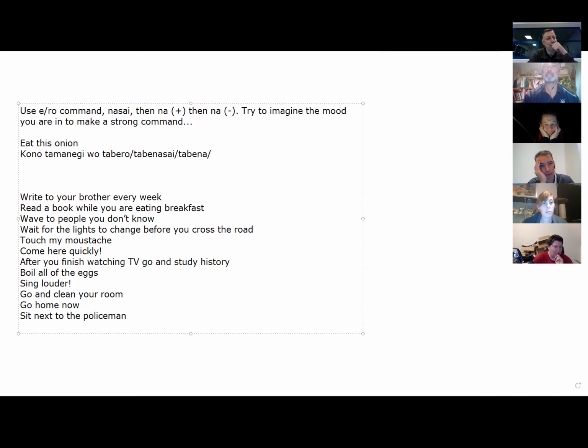Am I still missing one? I just got to do the prohibitive one. It's not 食べな, 食べるな. Very good. Taberu na. Good.